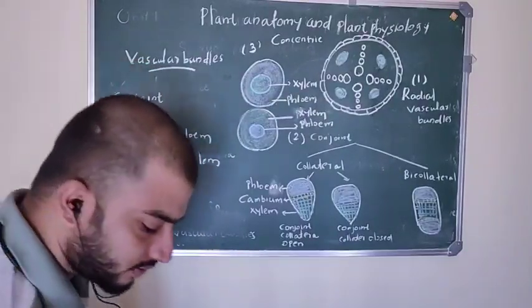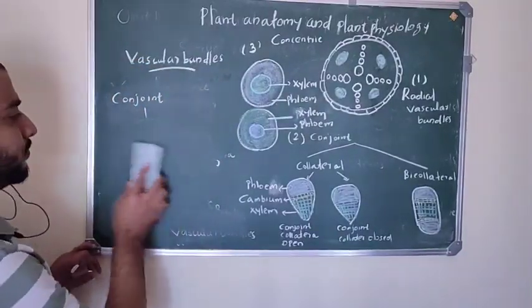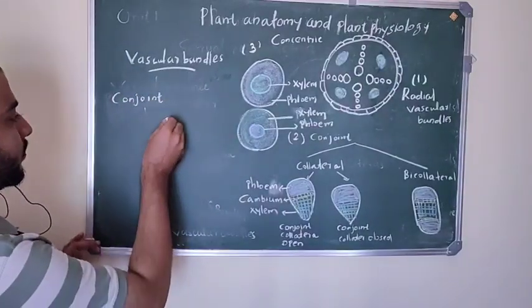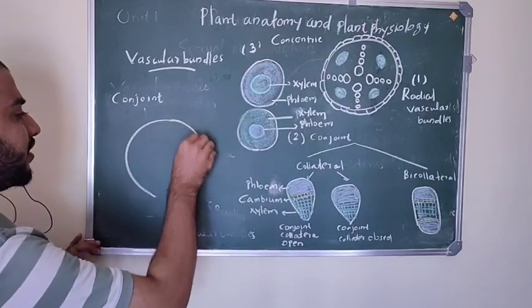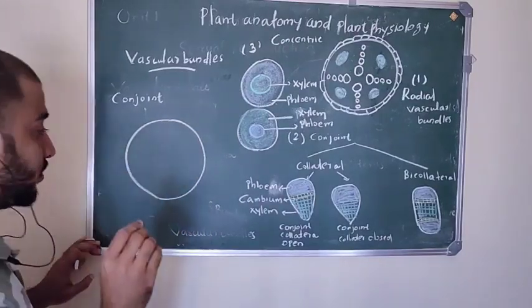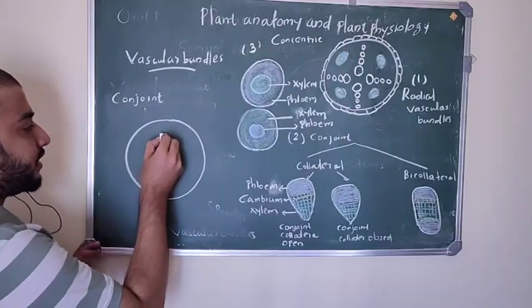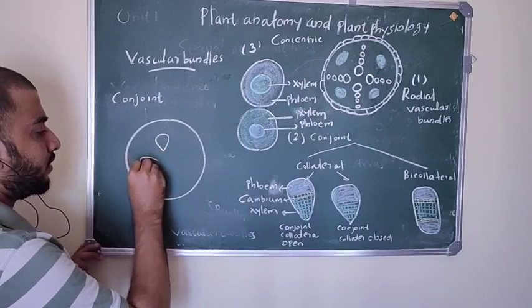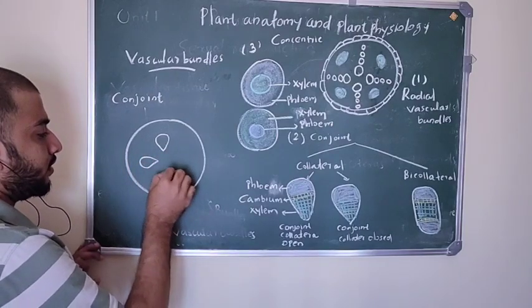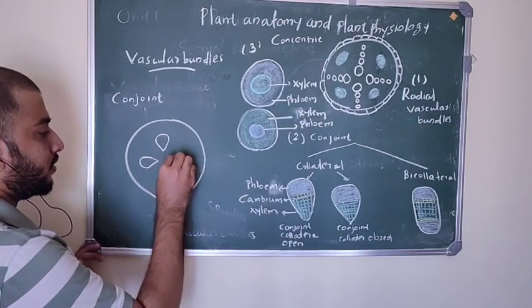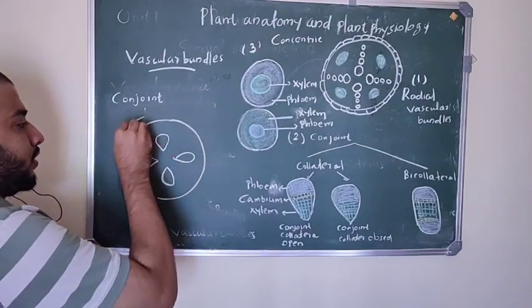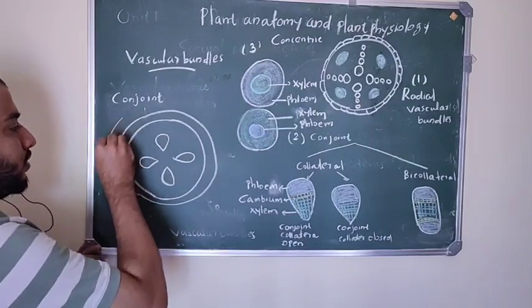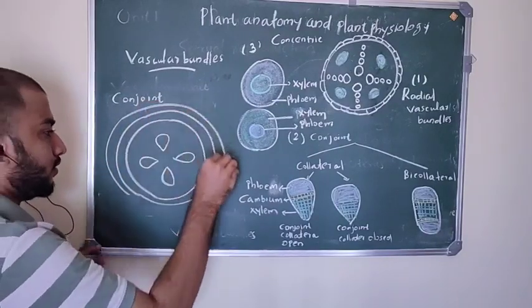If you take, for example, the anatomy of the stem, you can see this type of vascular bundle.